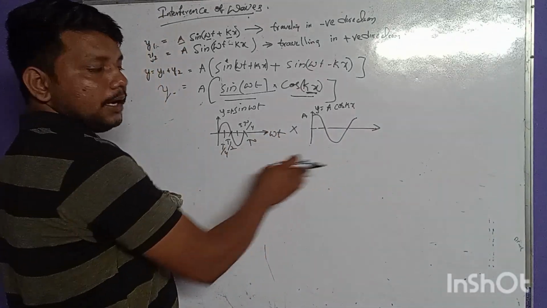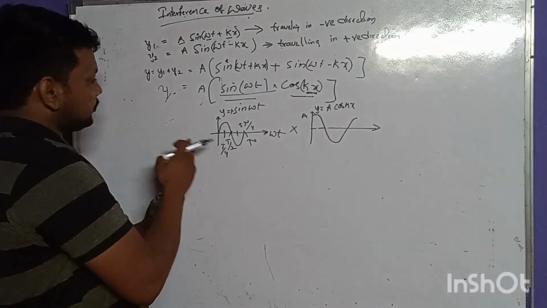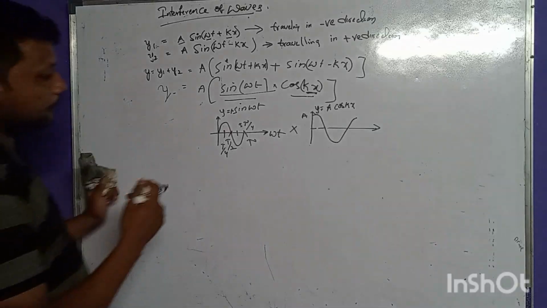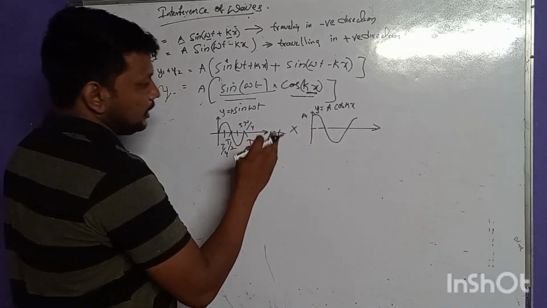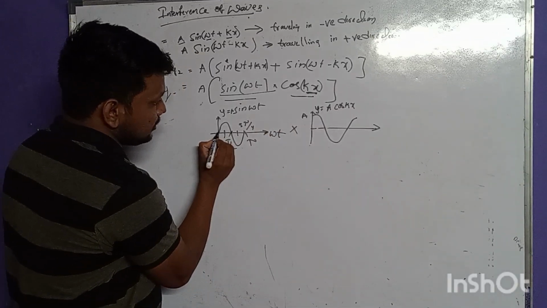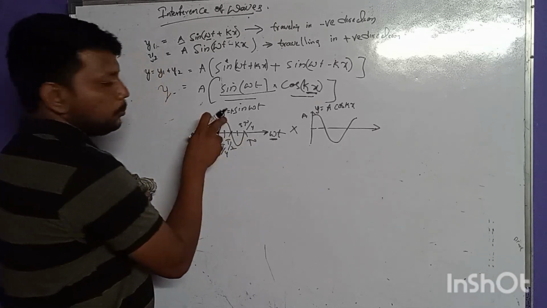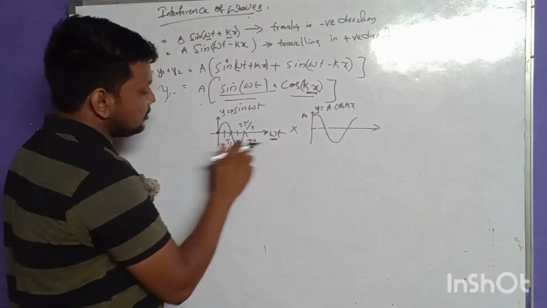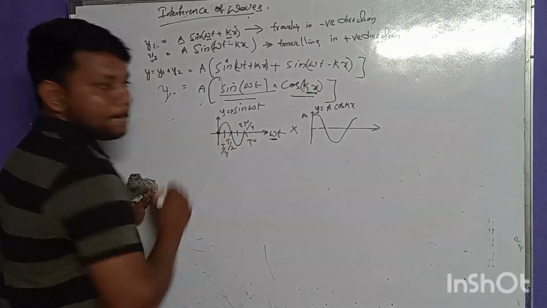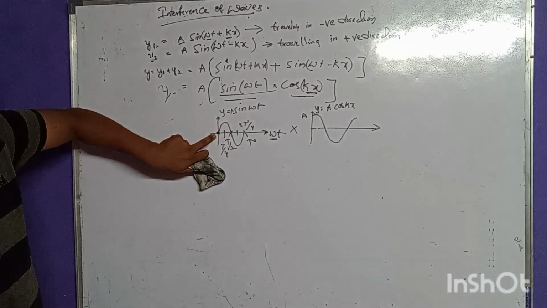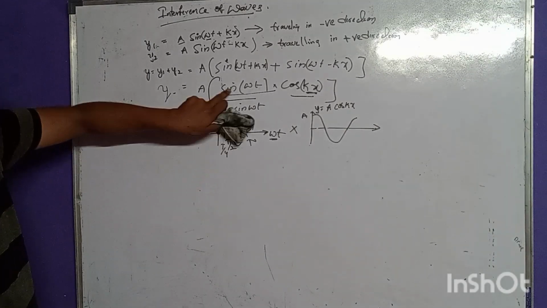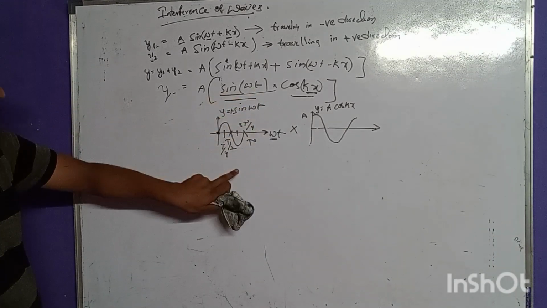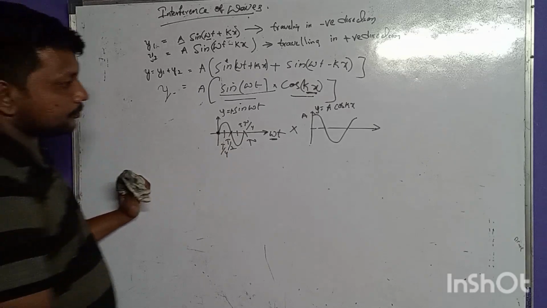If I multiply these two waves, what do I get? Let's see, at time t is equal to 0, this is the time-position graph. At time t is equal to 0, this is the sample, right? At time t is equal to 0, sin omega t is 0, right?